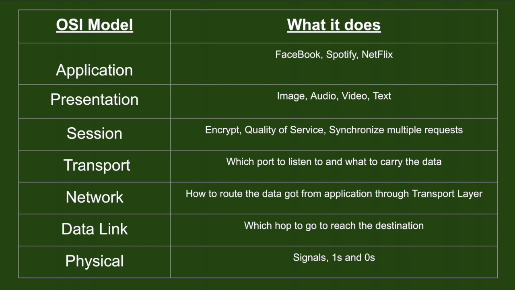For example, if we are running a web server and you have an image attached in the web page, how that image should be represented, what type of image it should be, if it is a video it should be MP4, or if it is text, what encoding that text needs to have. That kind of information is fed into the presentation layer.